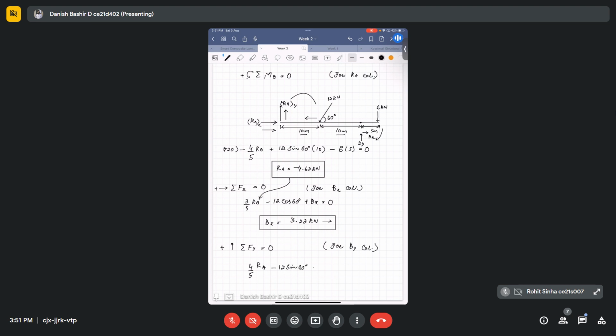BY is assumed to be upwards, and minus 6 kilonewton is acting downwards, so minus 6 should be equal to 0. When we solve this, we get BY equal to 12.7 kilonewton, acting upwards.